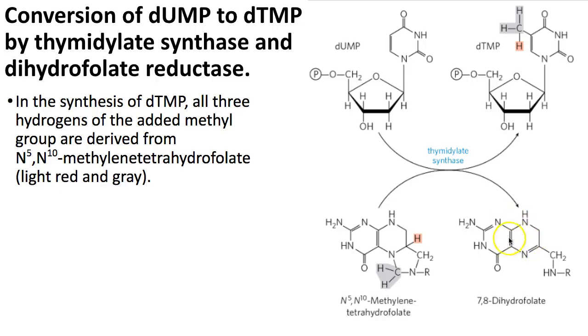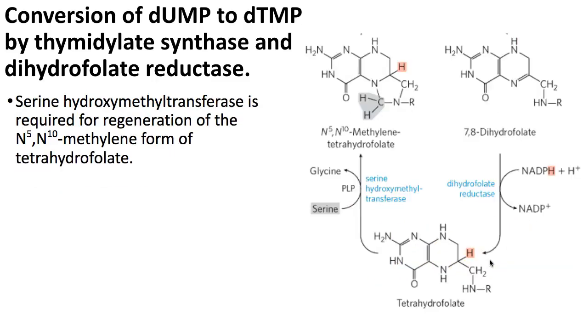And so in order to regenerate your methyl donor, that 7,8-dihydrofolate gets reduced with NADPH, using the enzyme dihydrofolate reductase, and you see that hydrogen is being added here.